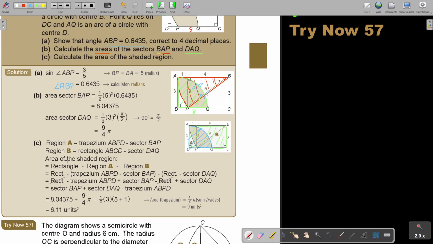So now, if I want to find the area of the shaded, again I'm going to use my picture. And if you have to use colors just in the beginning to help you, just do that.